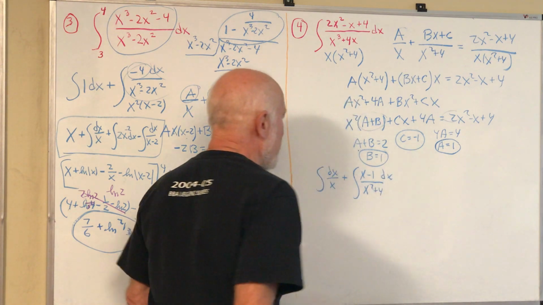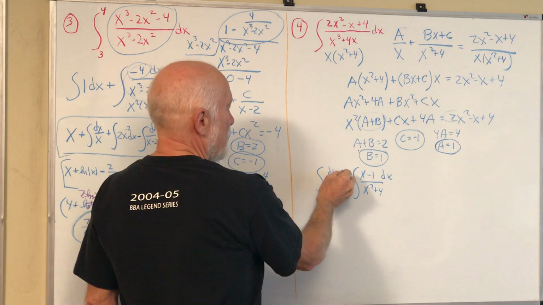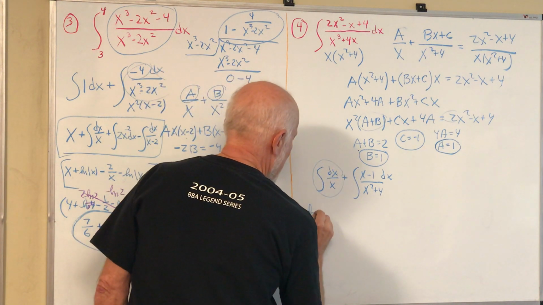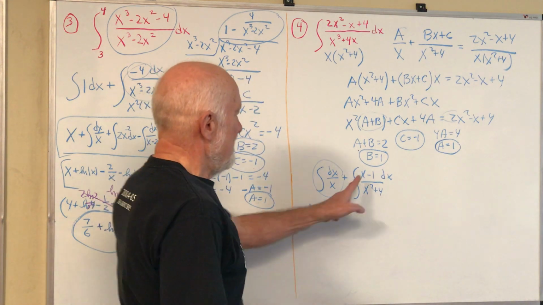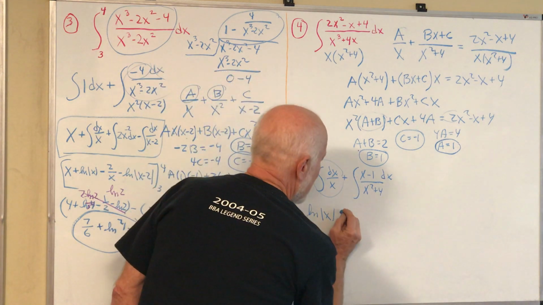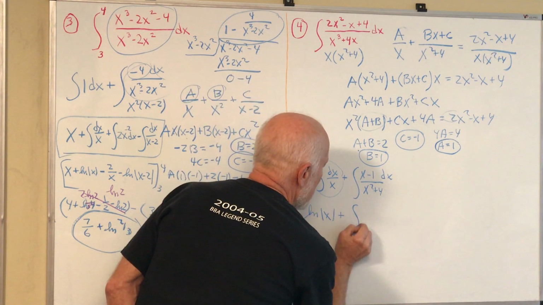And you're always hoping for something that's going to be fairly easy to do. Well, that's the natural log value, absolute value of x. This is a little more difficult, but we're always allowed to break it up into two separate integrals here.